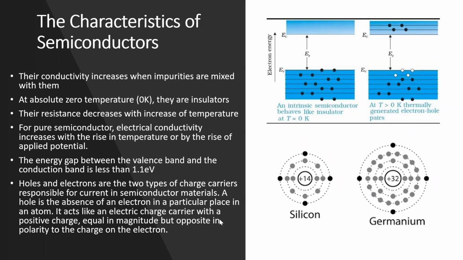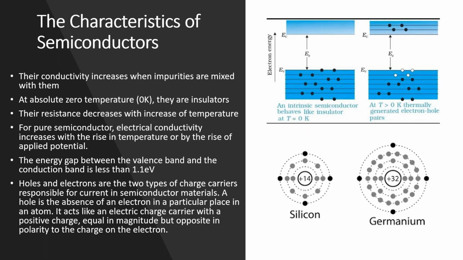It acts like an electric charge carrier with a positive charge, equal in magnitude but opposite in polarity to the charge of an electron. So it behaves like a positive charge. Actually, it is not positive. But since it attracts electrons from other atoms and it moves in the direction opposite to that of electrons, it behaves like a positive charge.